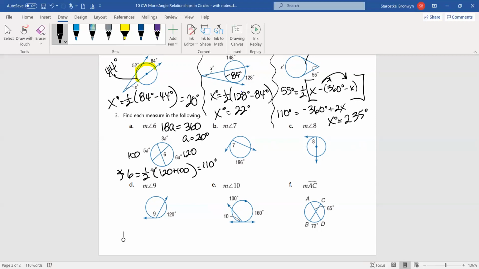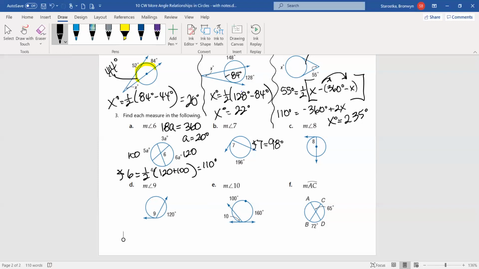All right, it looks like we have that new theorem where we have a tangent and we have a secant. So angle 7 is just going to be half of 196. Angle 7 equals 98 degrees.